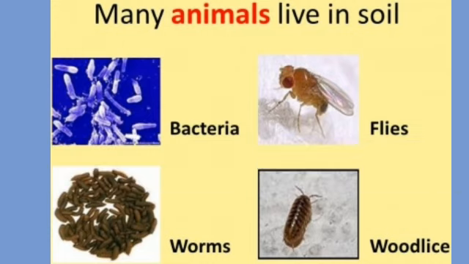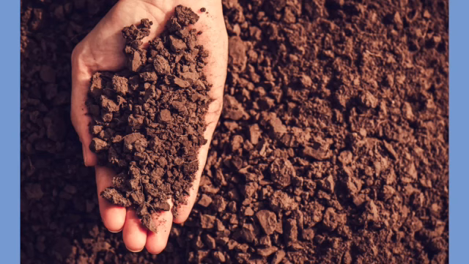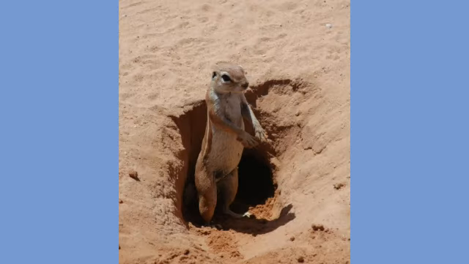Soil is a living dynamic resource. It helps grow food and fiber. Some animals like insects, snails, earthworms and rabbits can live inside the soil. So soil is the home for these animals.